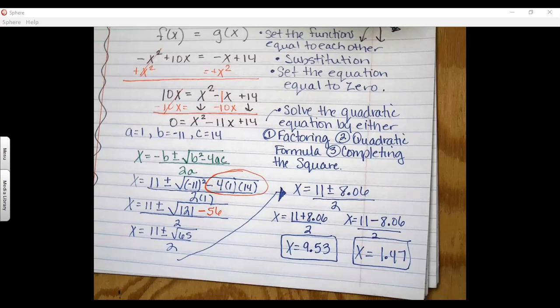Come on, graphing calculator. Okay, let me go back, see if I can figure out how to share my screen.